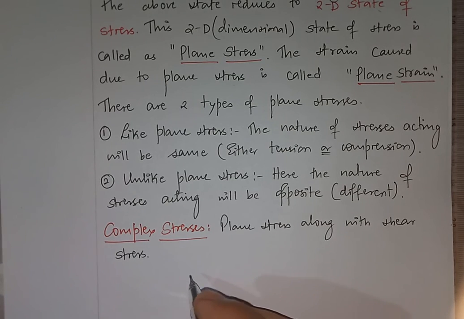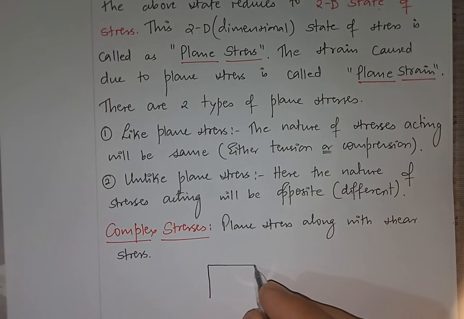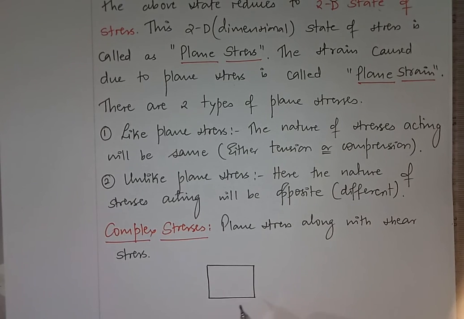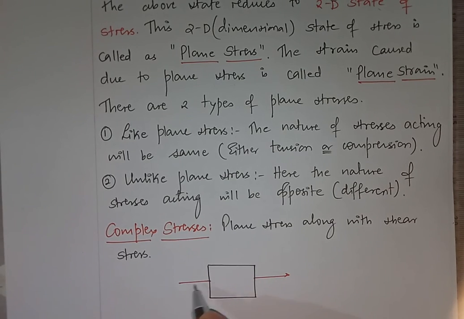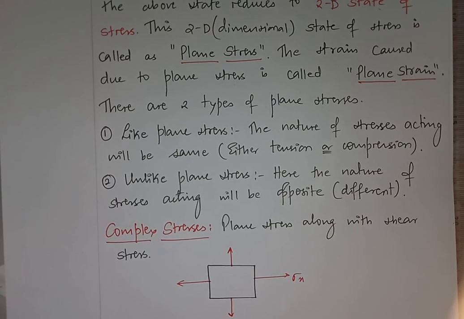Now I'll just draw the case of a complex stress here. In this case, right? So in this case I need to load it, same as in case of the plane stress, because it is nothing but the special case of plane stress. So loading will be in two directions for plane stresses. So it is sigma y, it is sigma x, right?